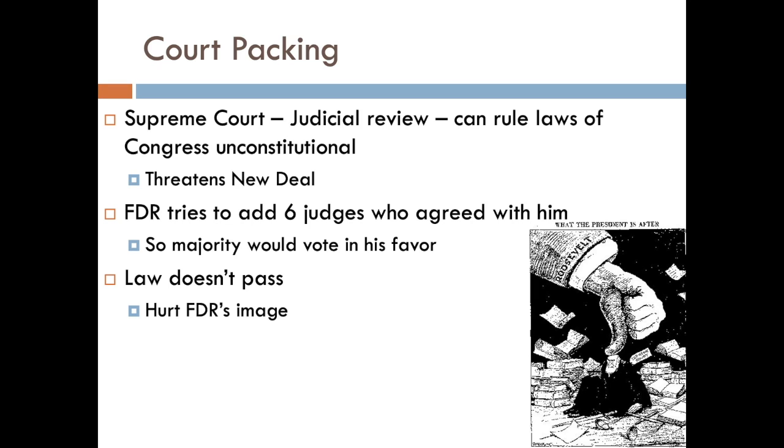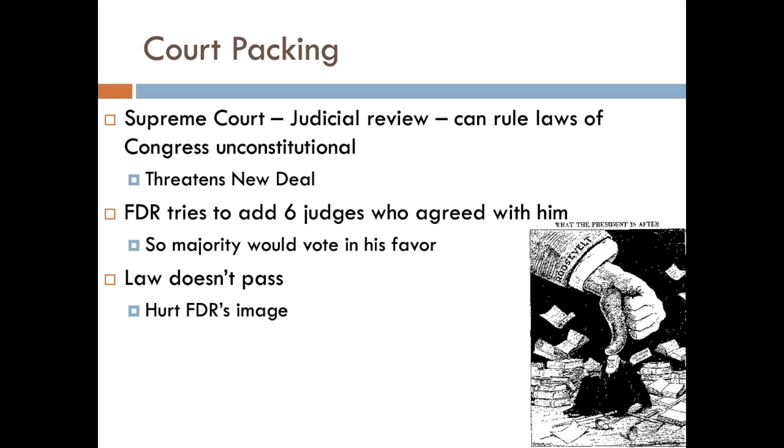Now, just to go a little more into what he planned: he wanted to increase the number of judges, but also, if a judge hit the age of 70 and didn't retire, the president could then remove them from their seat in the Supreme Court.